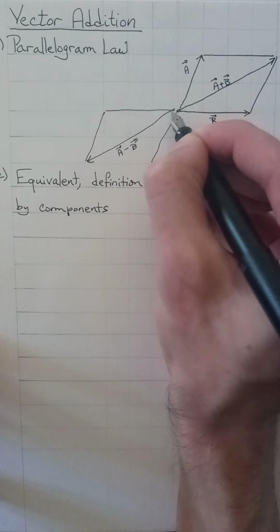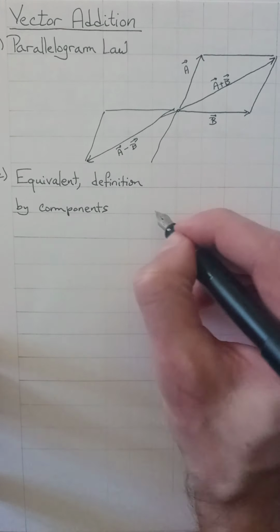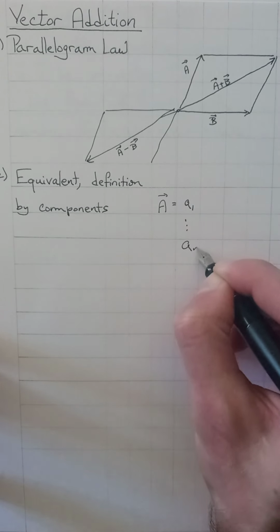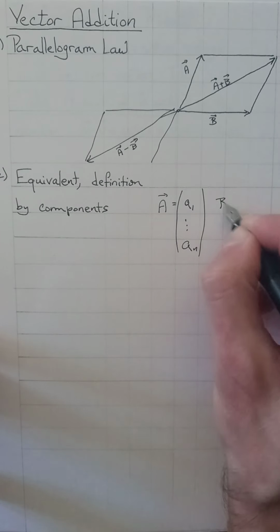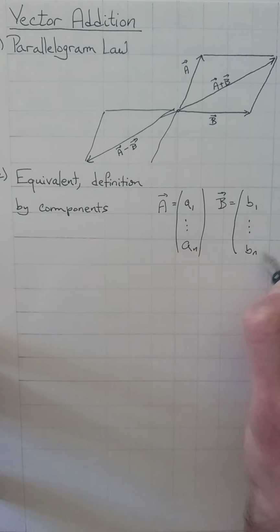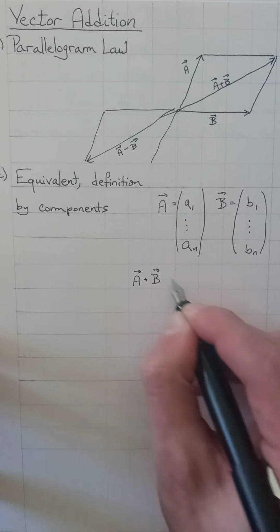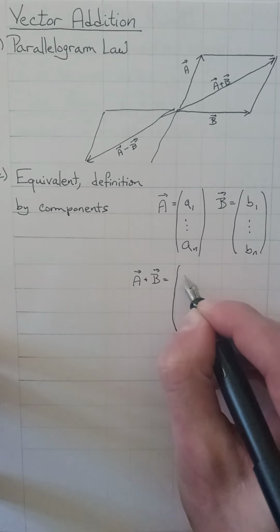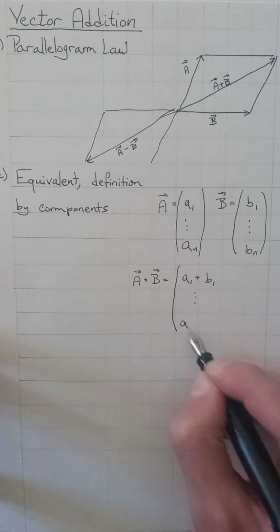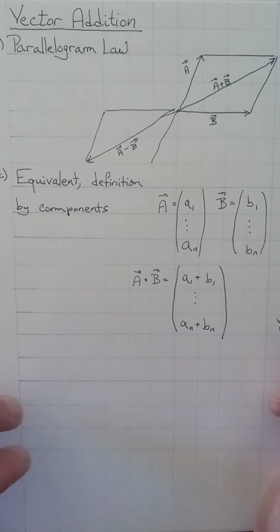For us, we're working in a pretty non-geometric setting. So the equivalent definition would be: if A is equal to A1 all the way to An, and B is equal to B1 all the way to Bn, then we will say their vector sum is the new vector whose first component is A1 plus B1, dot, dot, dot, all the way to An plus Bn, just component-wise adding all their components together.